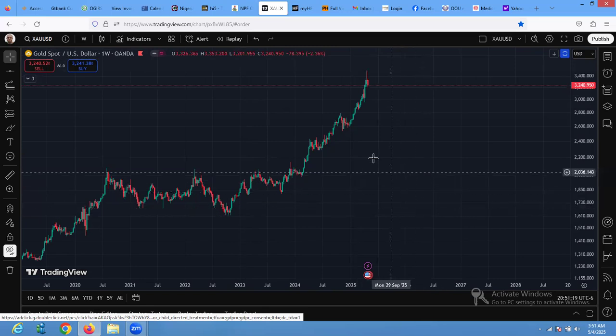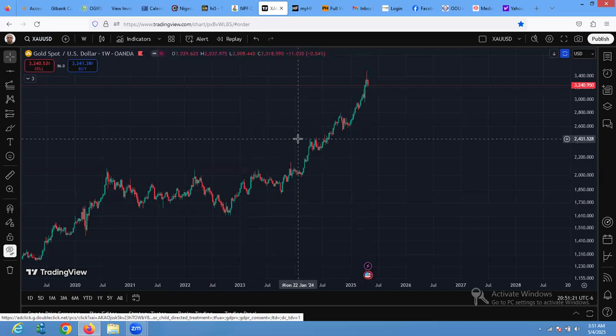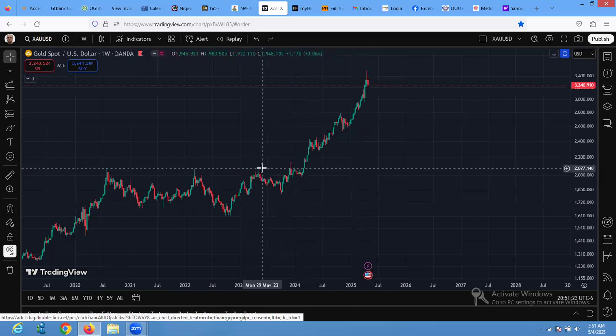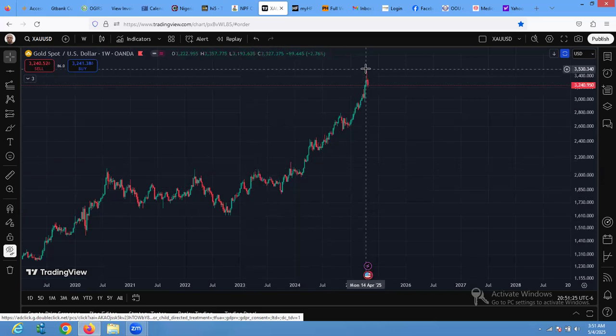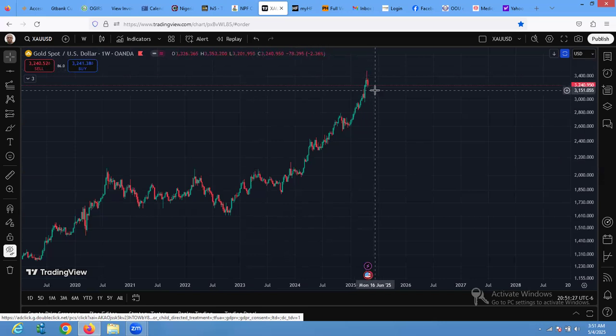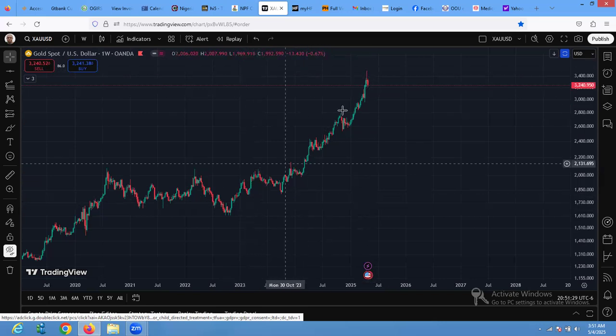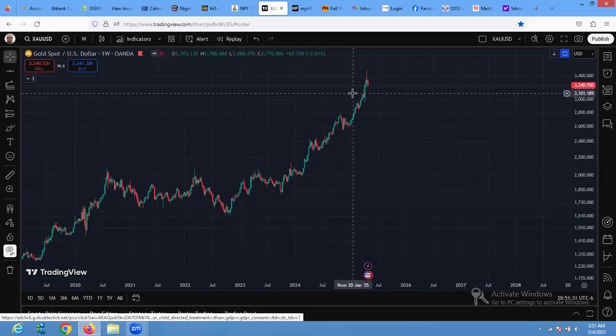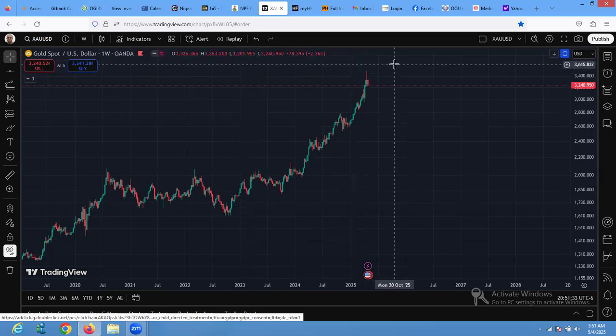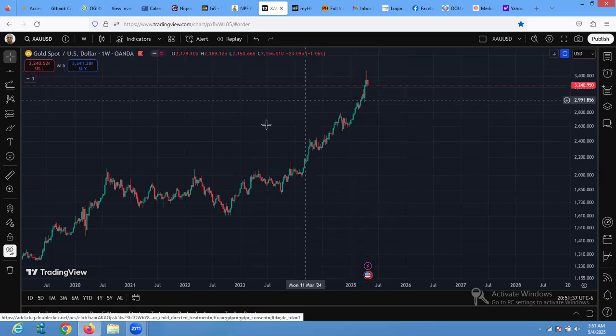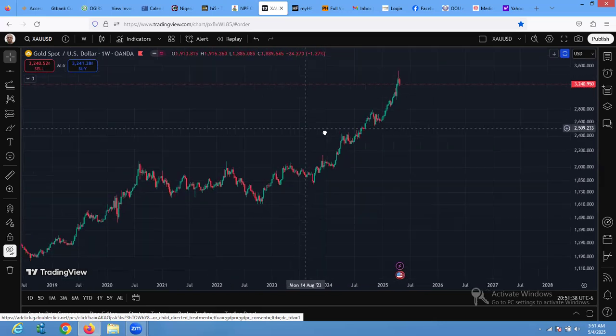But for now, we are taking it bit by bit. So this is one, second wave. Third wave is completed. We are in the fourth wave of this structure, and the fifth wave once we are done. So these may fall close to like 6,000 pips before we do a wave 5.